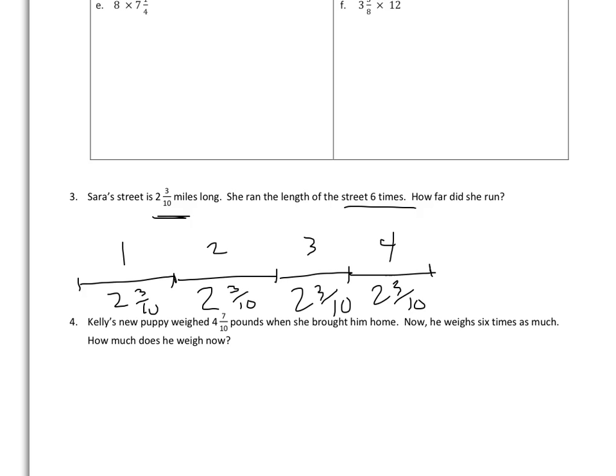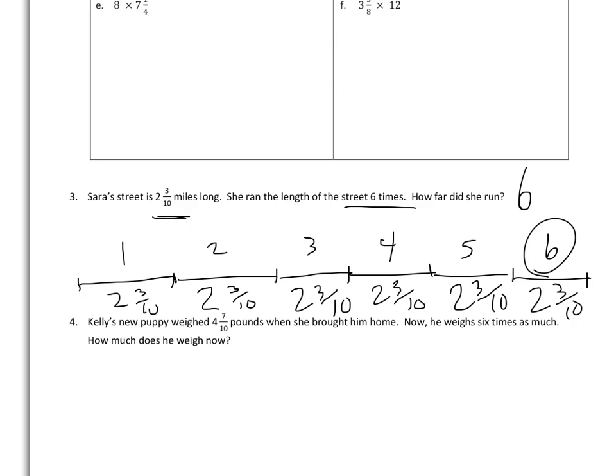So what students are going to realize is that we see her repeating the same distance, and we see it repeated 6 times. So the number model would be 6 times 2 3/10. When students do 6 times 2 3/10, remember you have to distribute the 6 to the 2 because she ran 2 miles each time, and then she also ran 3/10 each of the 6 times.